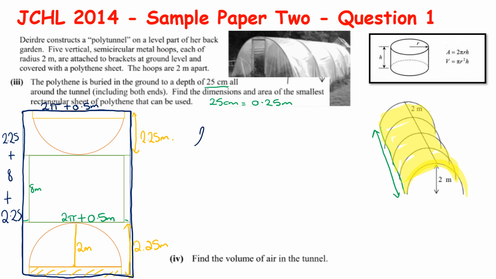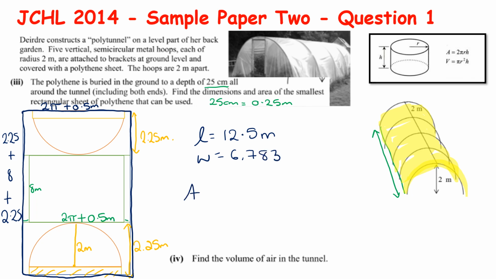So the dimensions are the length of this. Well, it doesn't matter which one you call length and which one you call width. That's absolutely fine. So the length I'm saying is the down piece. It's 12.5 meters.